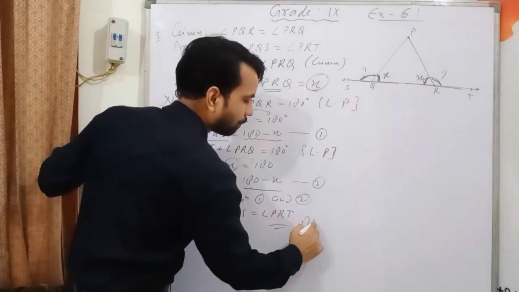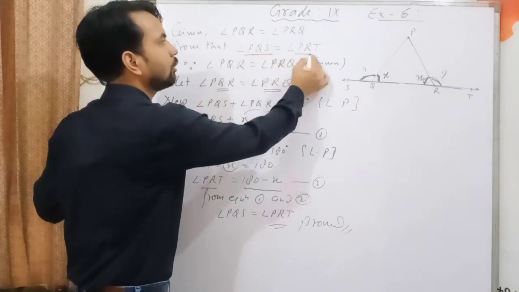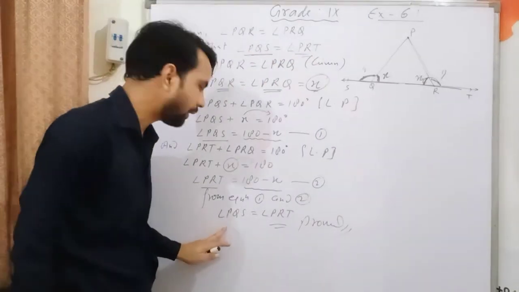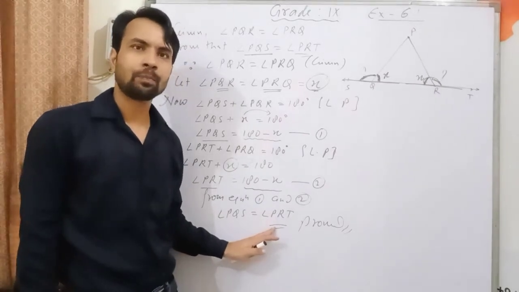Hence it is proved. This we had to prove, that angle PQS equals angle PRT. So here we have proved it कि PQS angle equal to PRT angle. Hope it is clear. Good.